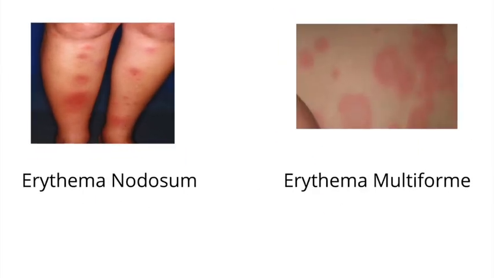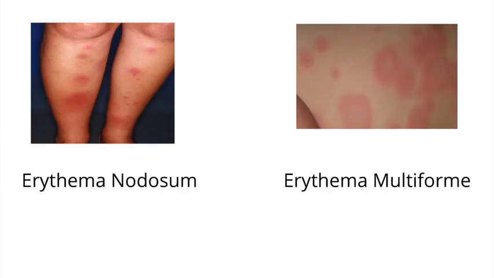Now here we have erythema nodosum and erythema multiforme. Erythema nodosum is a delayed hypersensitivity reaction. It's usually tender erythematous nodules, most often on the shins, as you can see in this picture. However, in erythema multiforme, we describe these lesions as being target lesions.